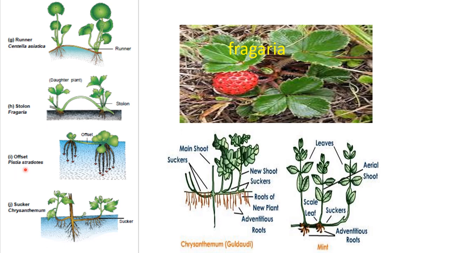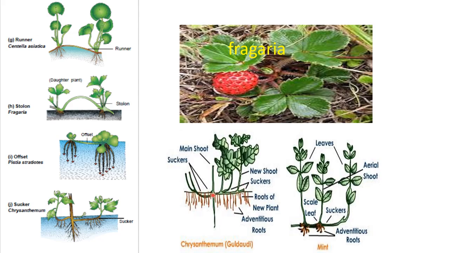Offset: Pistia stratiotes, water lettuce, where the stem part grows under the water. Chrysanthemum, samandhipoo: here the stem part is growing below the soil and giving rise to a new plant. This is called suckers, which is what you are seeing in the other picture.